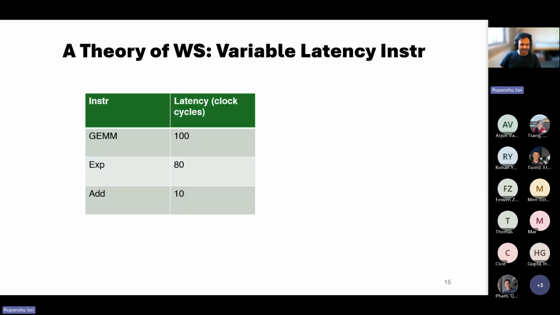Okay, so the last example is about variable latency instructions. So we're doing software pipelining, and software pipelining is fundamentally a static instruction scheduling algorithm, which means that you must have a fixed latency for every instruction in your program. And this information is easily available for most instructions we care about. Here I give some example numbers.